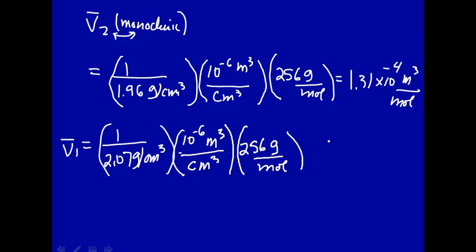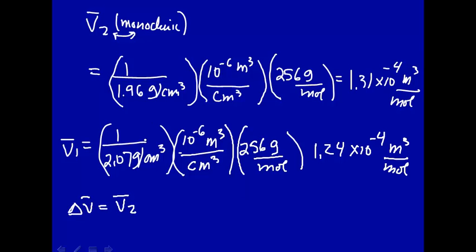So the partial molar volume of sulfur in the rhombic phase is 1.24 times 10 to the minus fourth meter cubed per mole. The change in partial molar volume will be the final, which is monoclinic. We're looking at the transition from rhombic to monoclinic, so here's the final minus the initial.